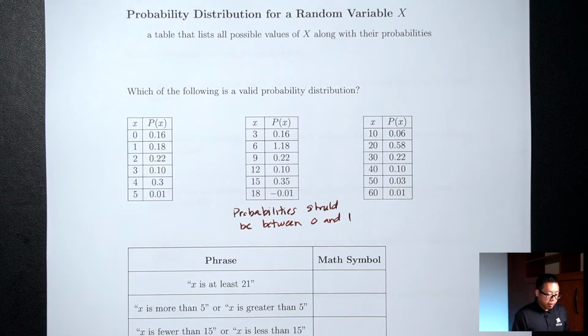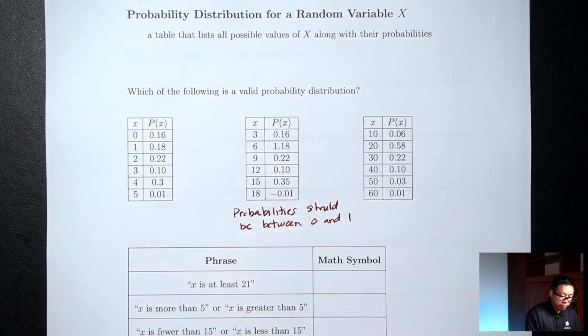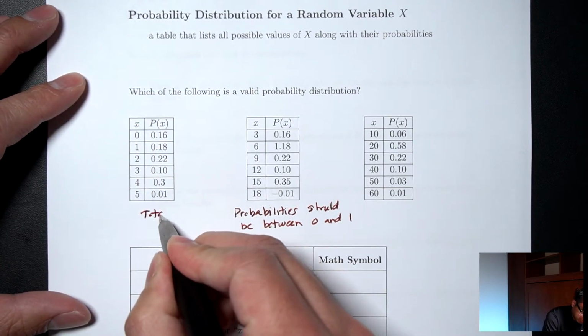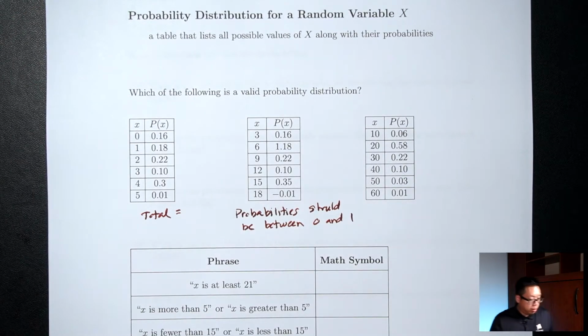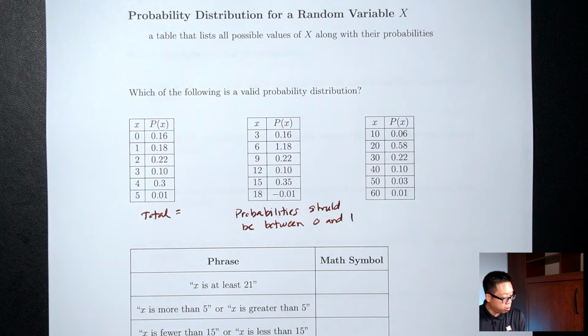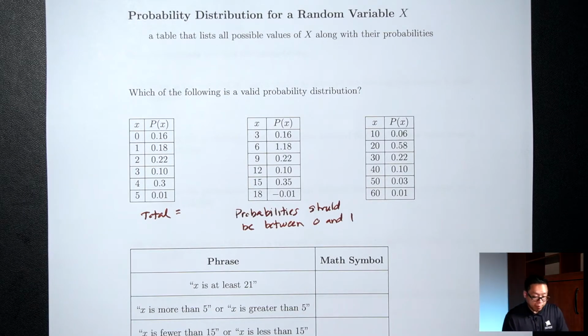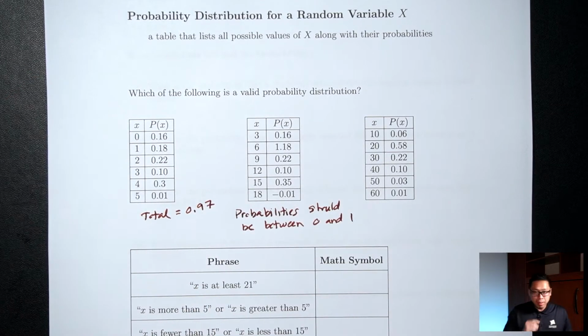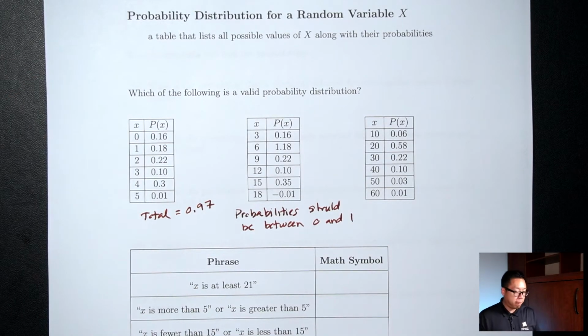The second requirement: let's take a look at the first table. Let me add up these probabilities. So 0.16 plus 0.18 plus 0.22 plus 0.10 plus 0.3 plus 0.01. I get 0.97. That's a problem. Why is it a problem?